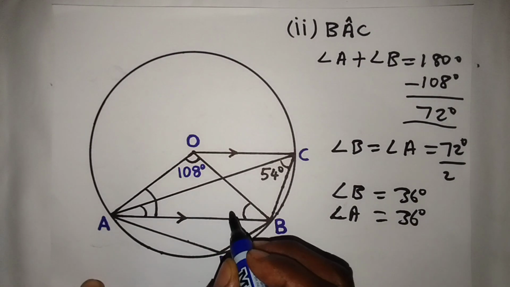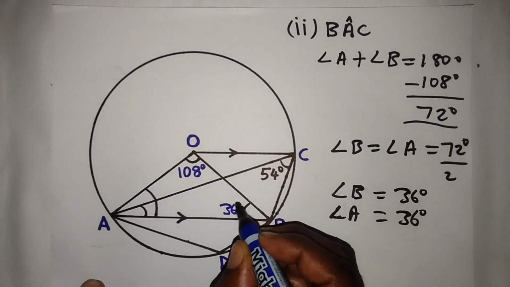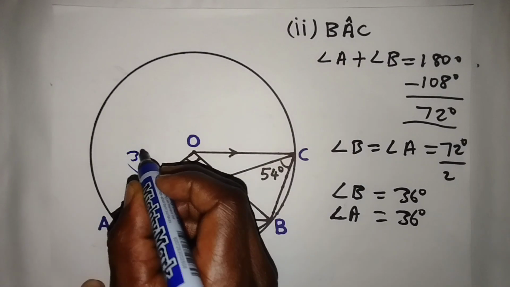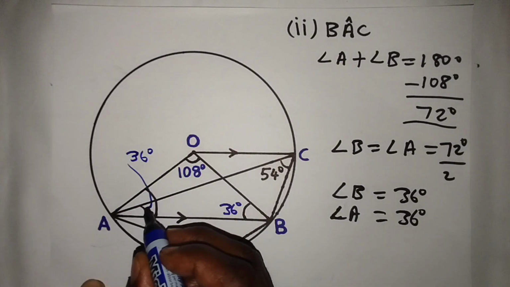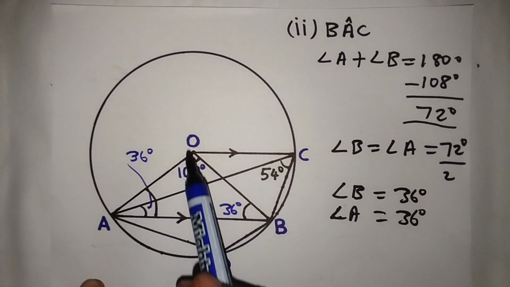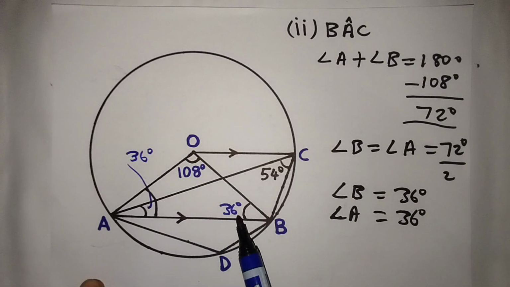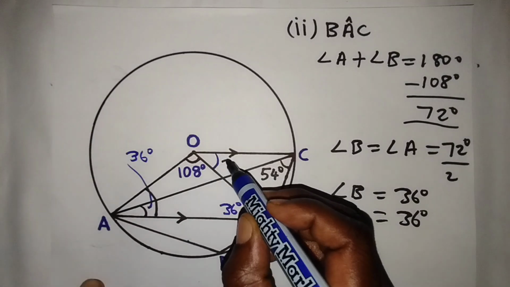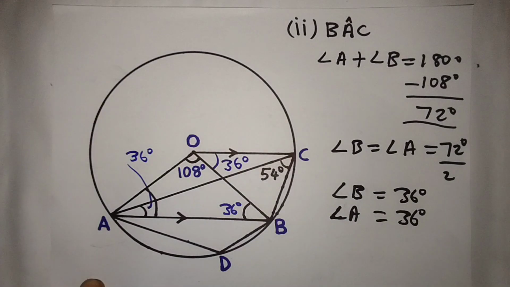So let me write here that's 36 degrees, and this whole angle as well also 36 degrees, because they are base angles of an isosceles triangle, hence they are equal in size. Since OC is parallel to AB and they are joined by the radii OB, it means this angle of 36 degrees here at B is alternate to this one here, so they are equal. So it means here is 36 degrees.